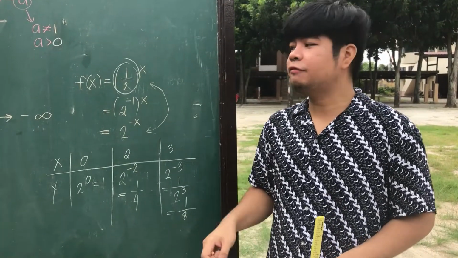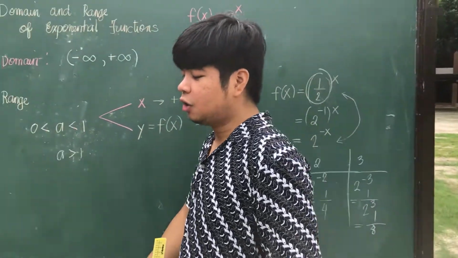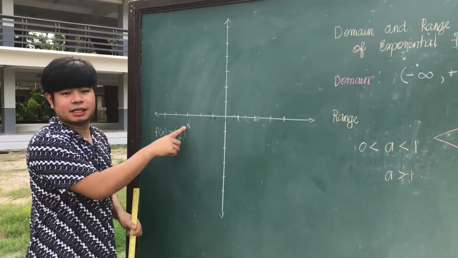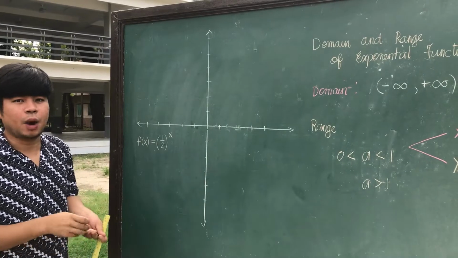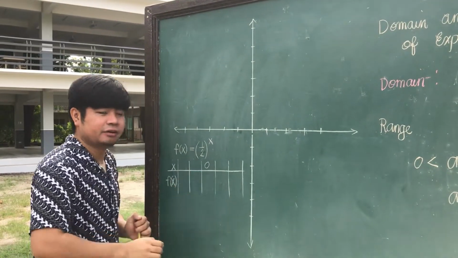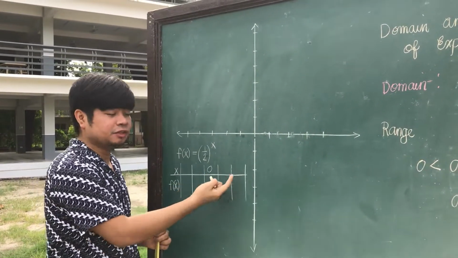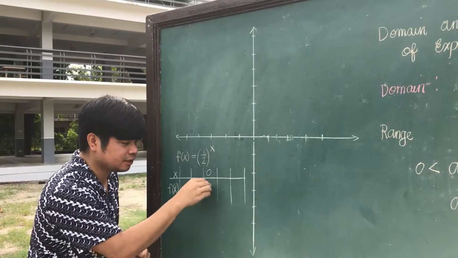To show the behavior of f of x equal to 1/2 raised to x, we are going to graph it. We know that when x is equal to 0, f of 0 will give us 1. So if x is 0, we place 0 here, because the numbers on the left are decreasing and the numbers on the right are increasing. 1/2 raised to 0 is simply 1.